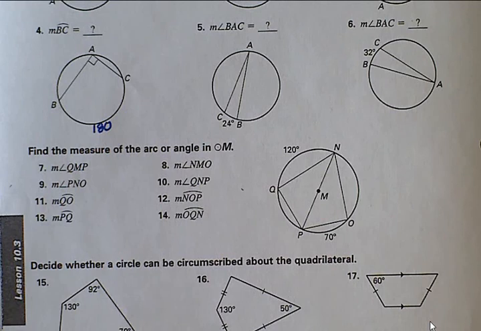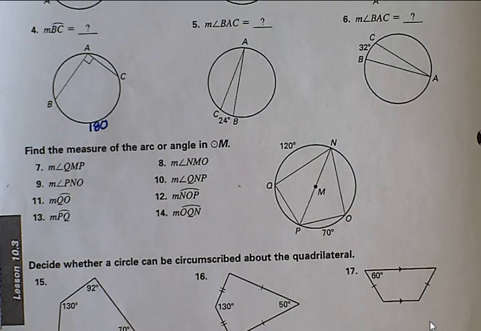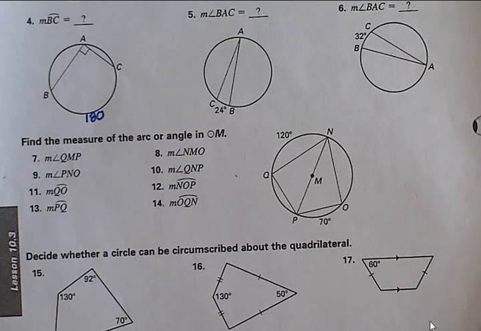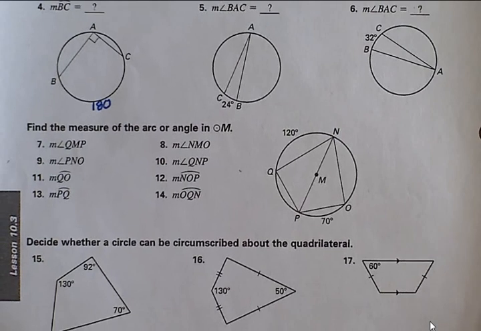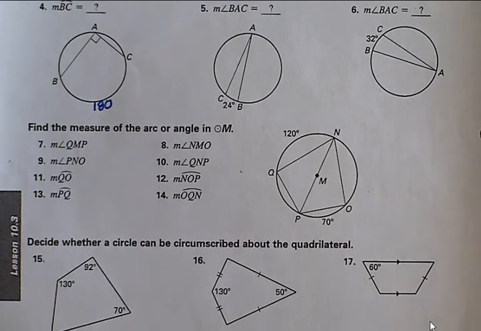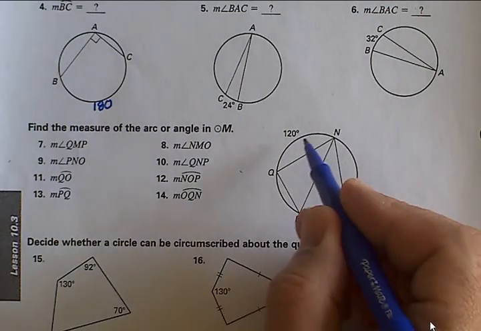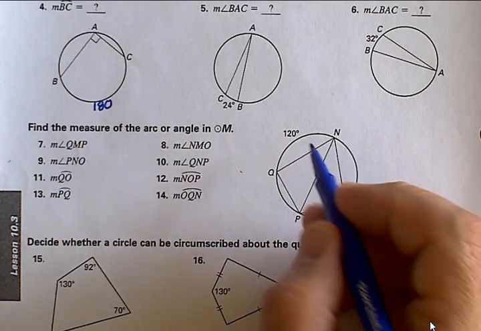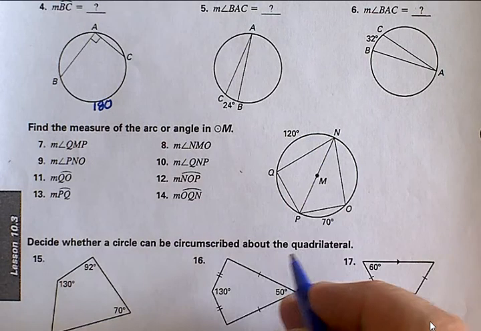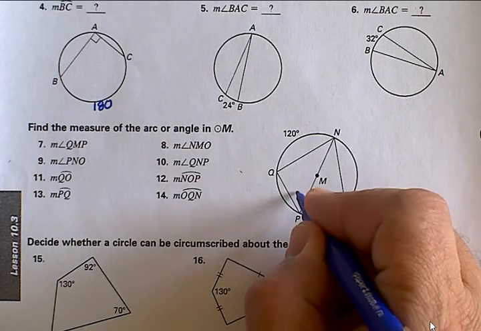On 7 through 14, this time they're going to stick it inside of a triangle, and you've got a quadrilateral again. So work several of those things into this. In some cases you have angles, in some cases you have arcs. Be careful. So if I know that this is 120, for example, then that's the arc for this inscribed angle, so half of it has to be 60.